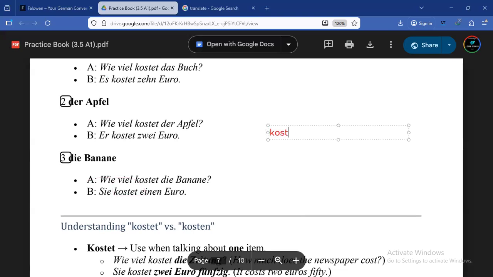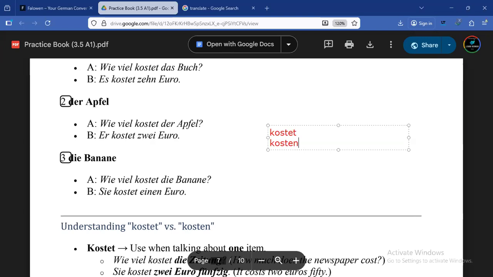What's the difference between kostet and kosten? One is singular, one is plural. Which one is singular and which one is plural?